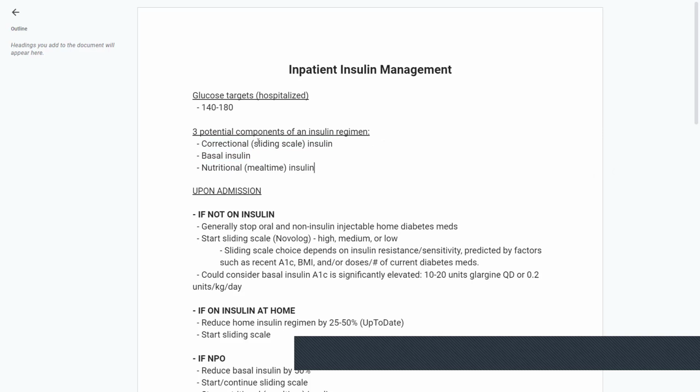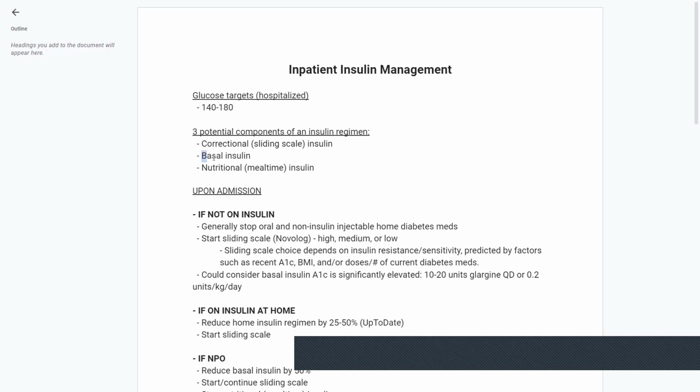This is where the nurse would give a dose of insulin based on what the patient's current sugars are. So say the sugars at this time are 300, then they might give 12 units of insulin.